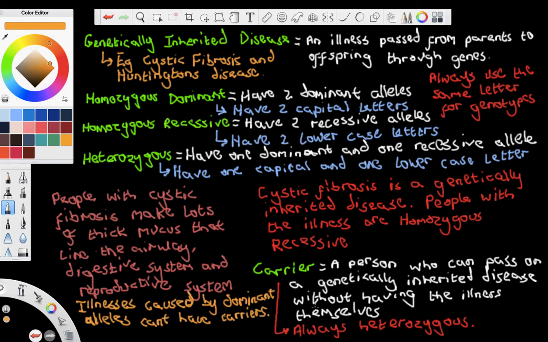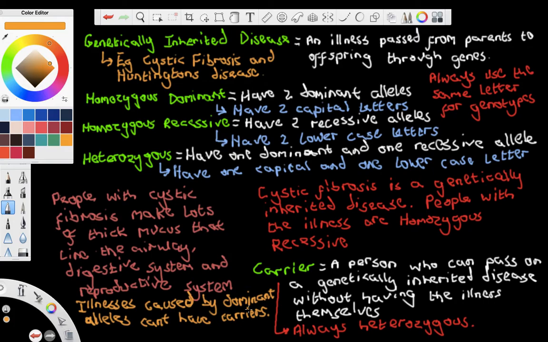People who are heterozygous for the cystic fibrosis gene are said to be carriers. This is a person who doesn't have the illness themselves, but they can pass it on to their offspring. They are heterozygous. They have one capital and one lowercase letter in their genotype. Illnesses caused by dominant alleles can't have carriers.